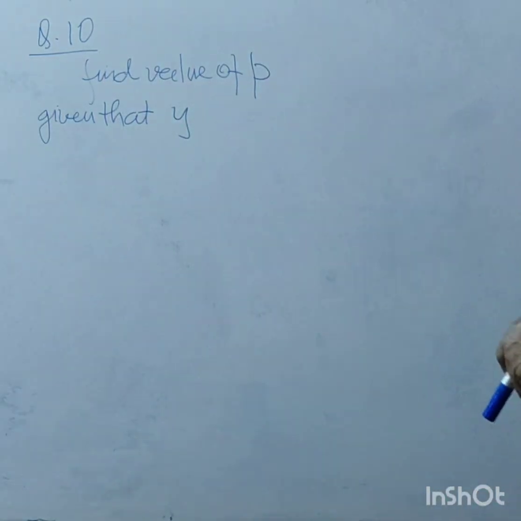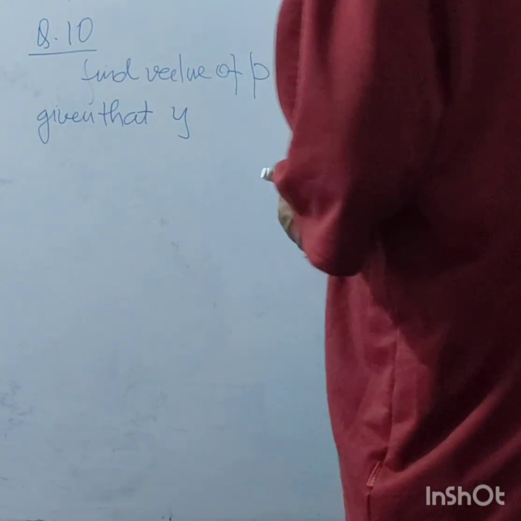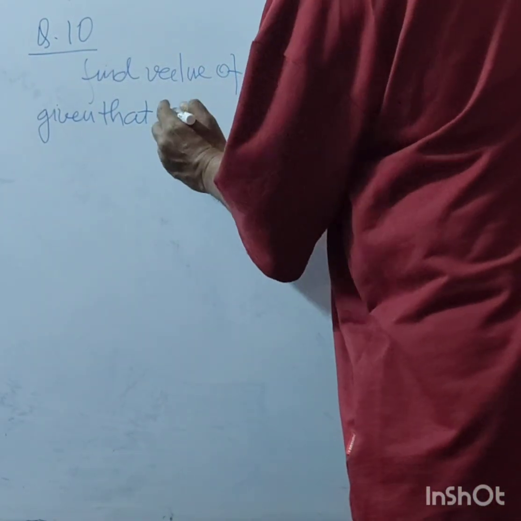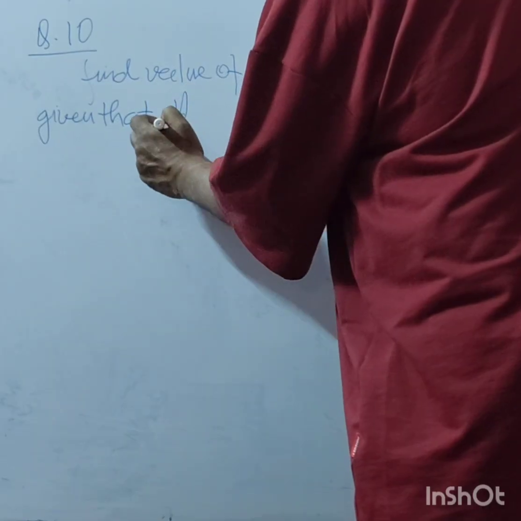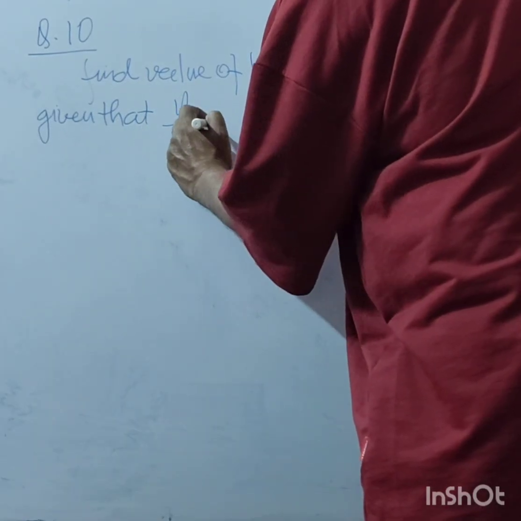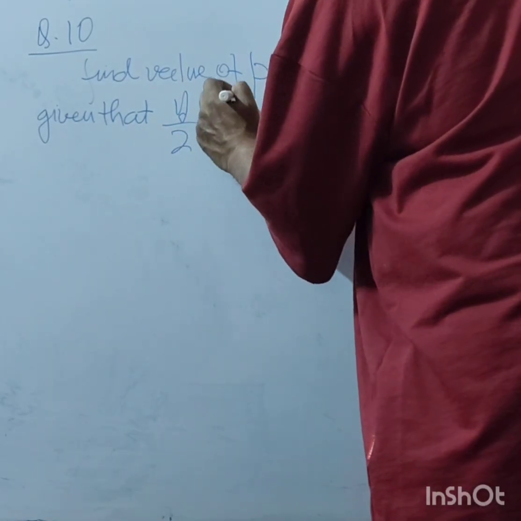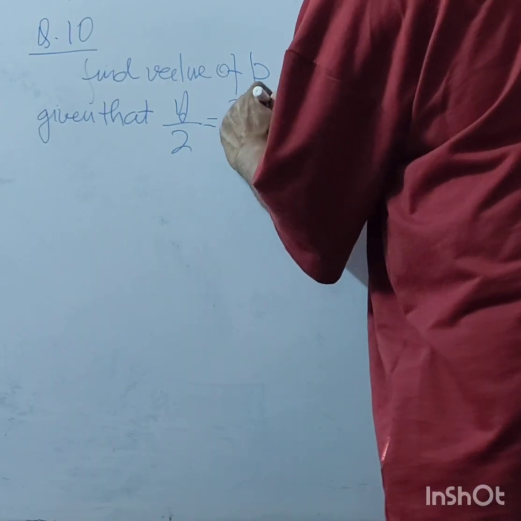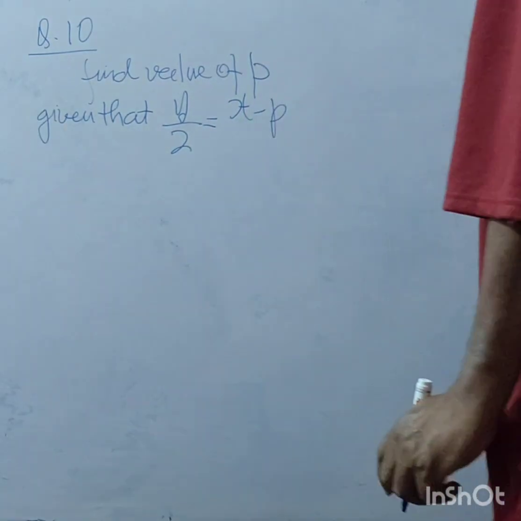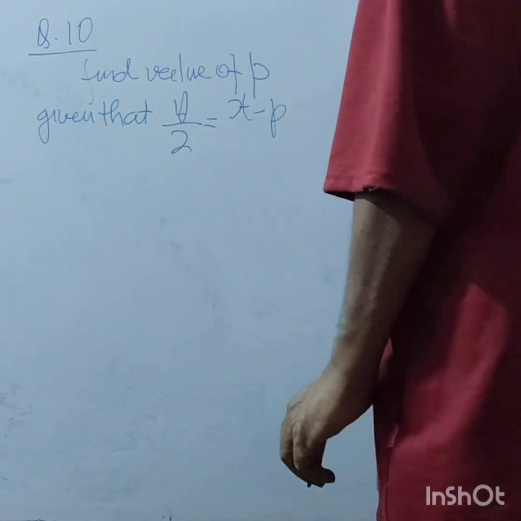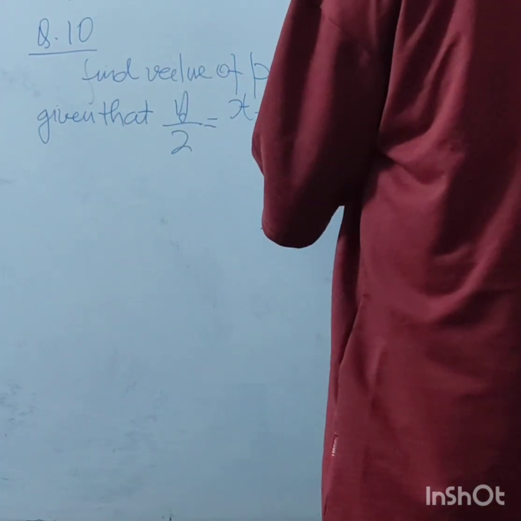y upon 2 is equal to x minus p, passes through the point minus 4 comma 4.